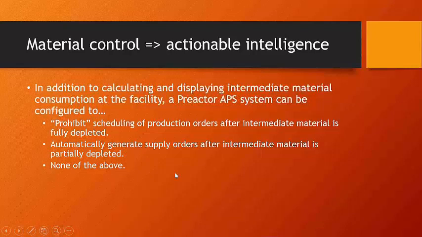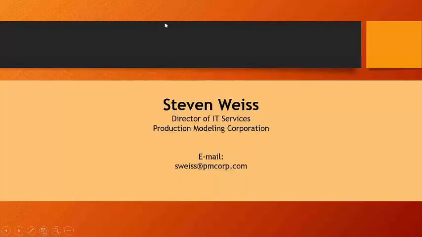So you have a lot of options. Once you're calculating and displaying intermediate material consumption at the facility, you have a lot of options. Preactor and PMC together as your configurators give you a number of ways to proceed.